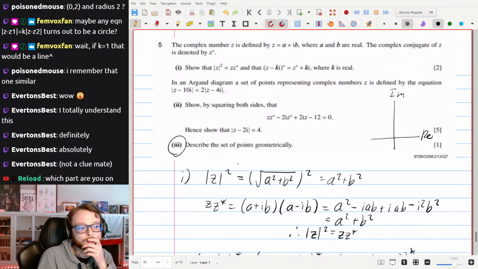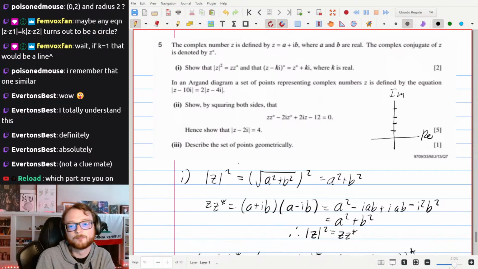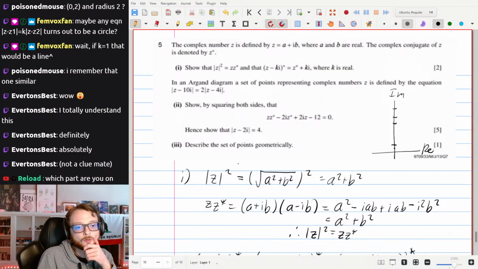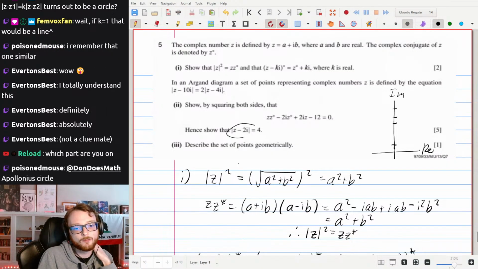Reload. We're on part 3. The only thing we're confused on right now is if this is the same thing as this because we squared each side.